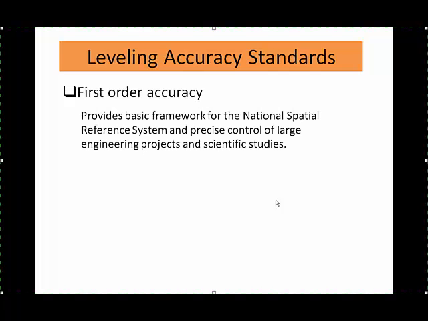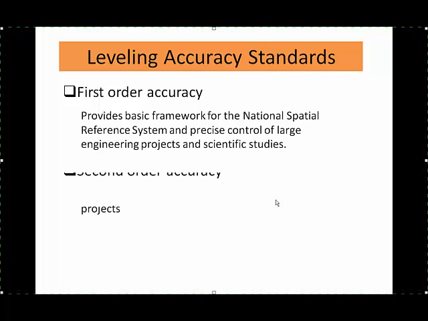When we talk about accuracy, there are three primary levels of accuracy you need to understand. First order accuracy is that accuracy required for a basic framework of the National Spatial Reference System. This accuracy is appropriate for precise control of large engineering projects and scientific studies.